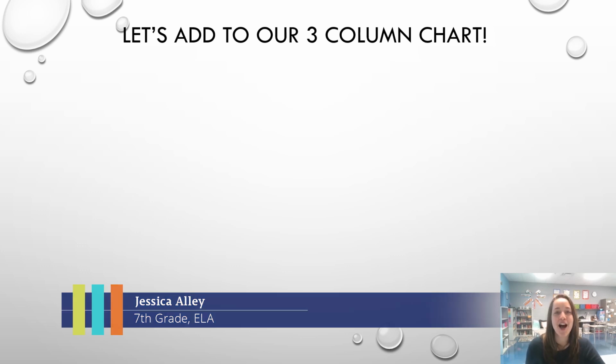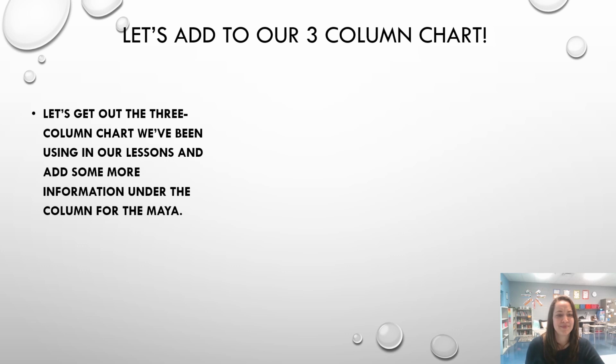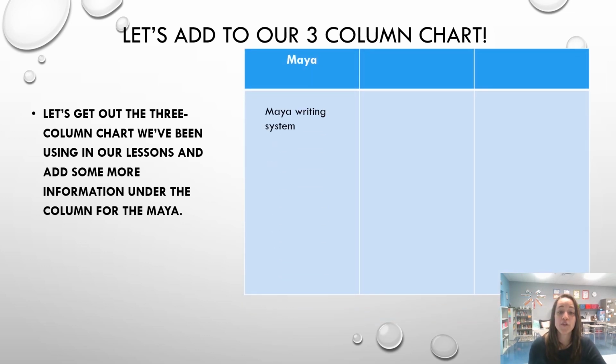Let's pull out our 3-column chart from our previous lessons. We're going to add some more information under the column for Maya. The first thing we're going to add is Maya writing system.